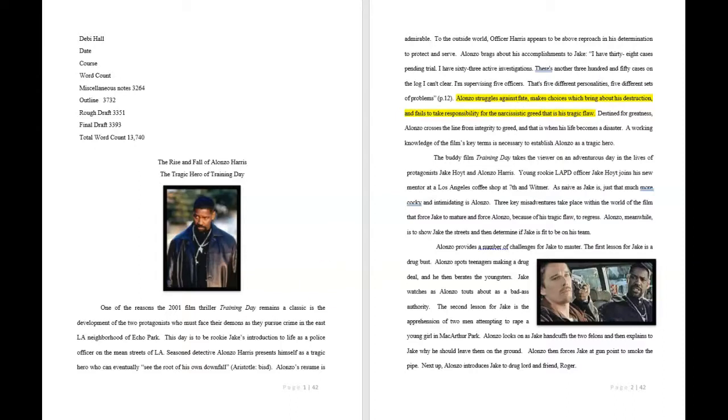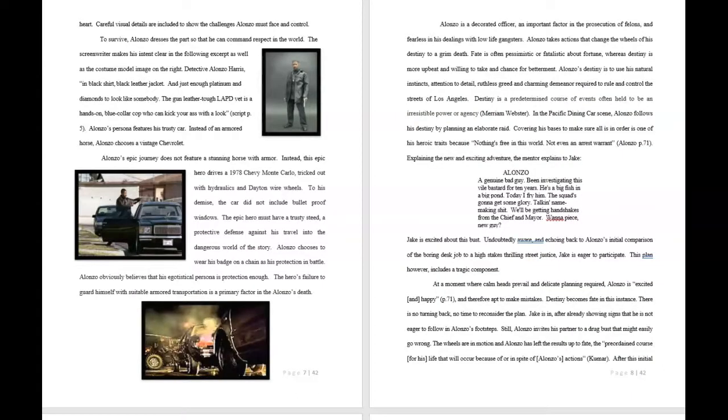Moving on. The next section of the essay goes into the choices that Alonzo makes that lead to his demise. One of the choices is that instead of driving an undercover car, I don't know if you've ever seen detectives in very nondescript cars where they just sort of blend in. No. Alonzo decides to drive a souped-up Monte Carlo, and that ends up being his demise.